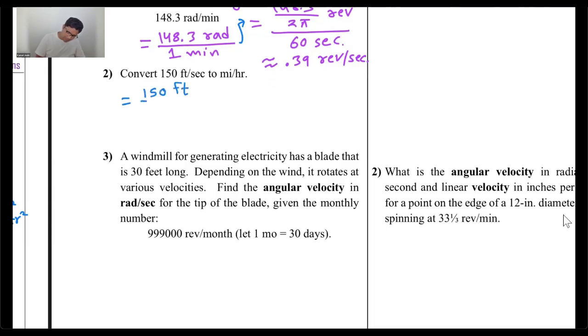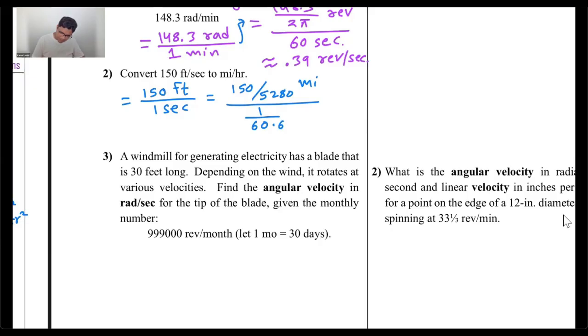This is 150 feet over 1 second, which then you would write as 150 divided by, because you are converting to miles, 5280 miles over hours, right? 1 second is 1 hour over 60 minutes times another 60, then that will become hours. Basically every unit in the numerator and denominator, do the conversion. Your answer will be taken care of.